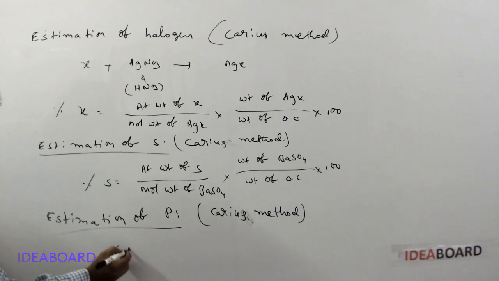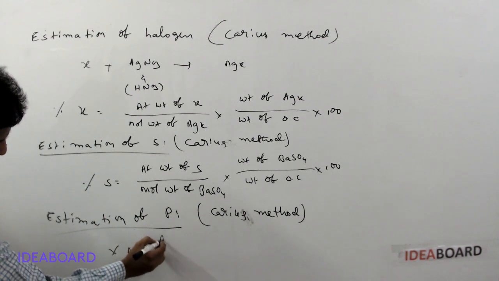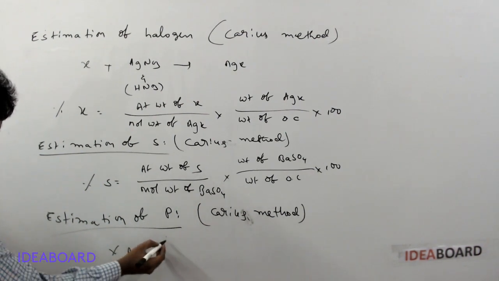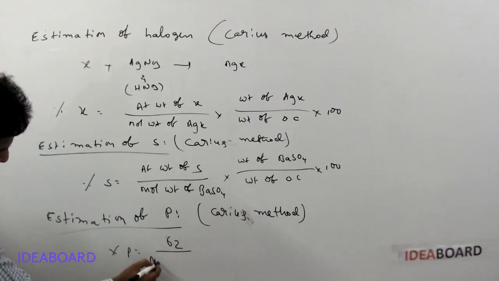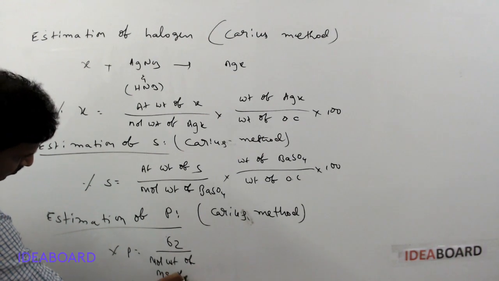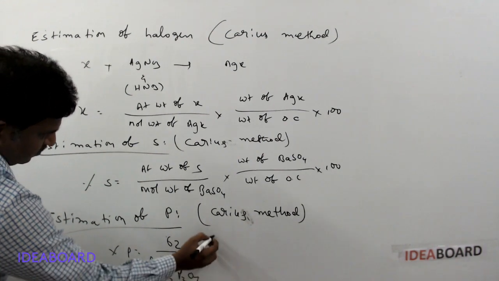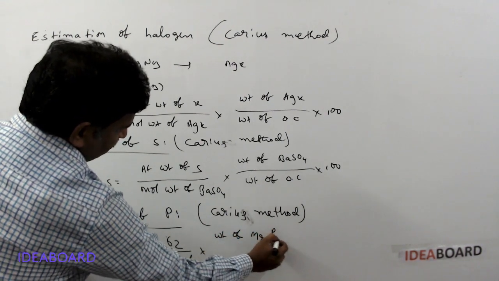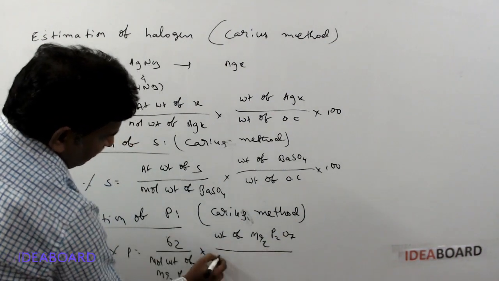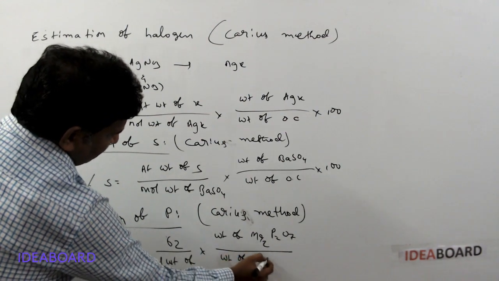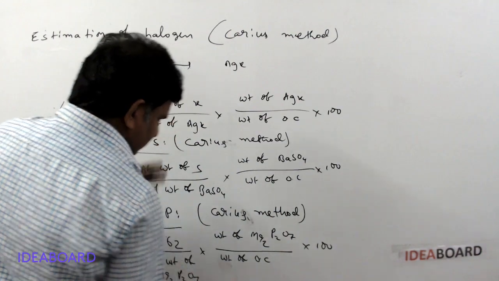And here percentage of phosphorus is equal to, in the form of, atomic weight of phosphorus is taken, or directly we can write 62, by molecular weight of Mg2P2O7, into weight of Mg2P2O7 by weight of organic compound into 100.